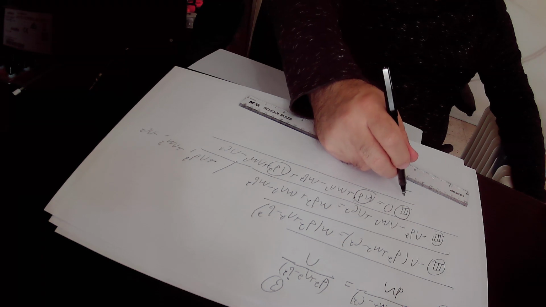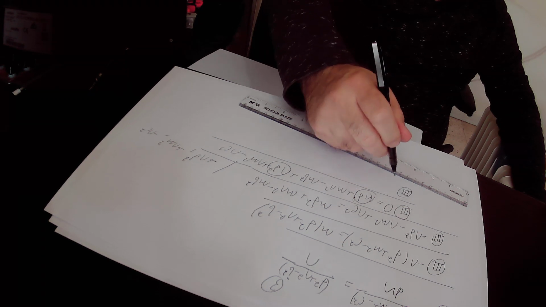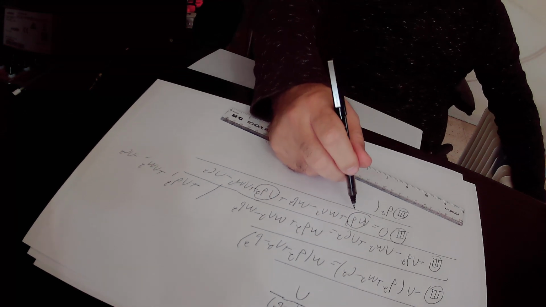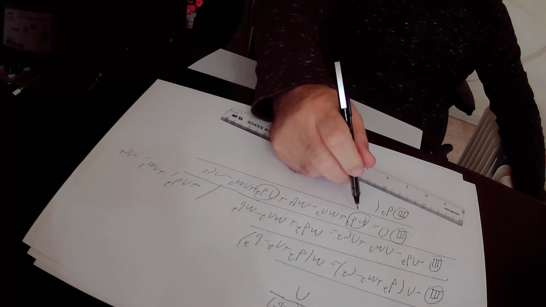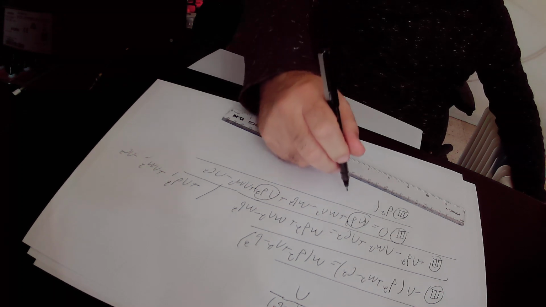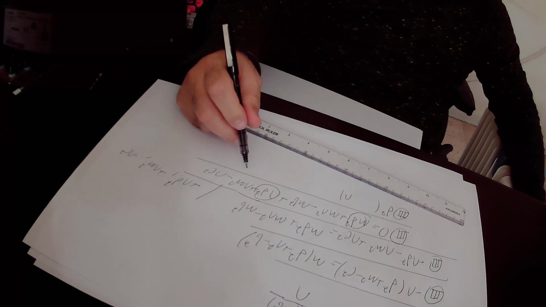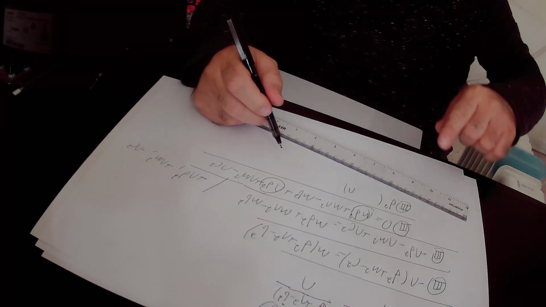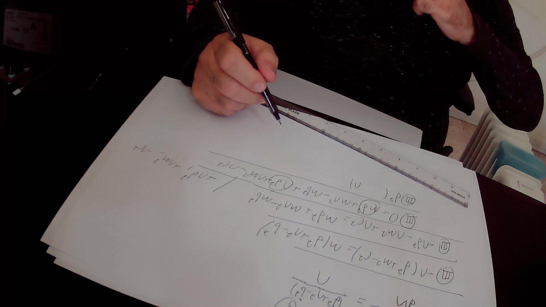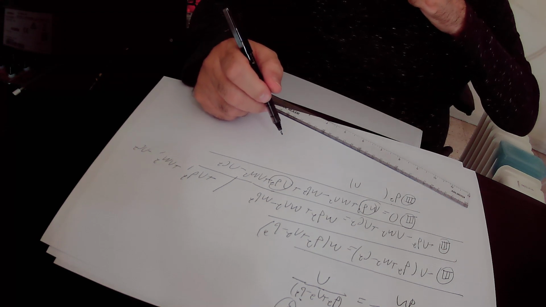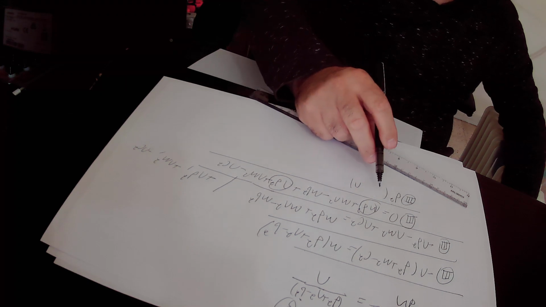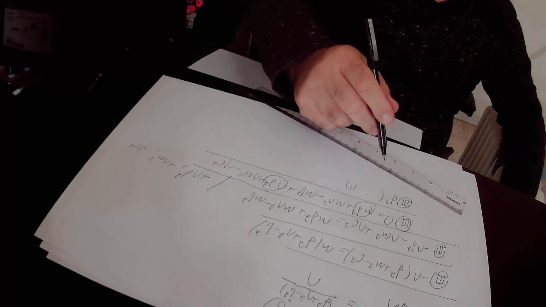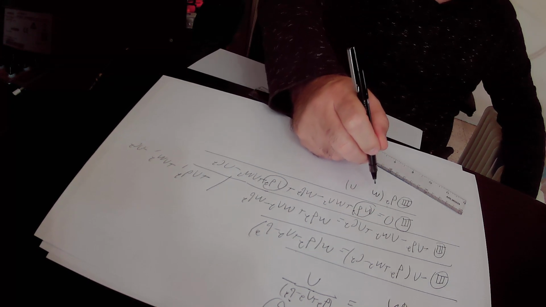So d squared was taken out as a common factor from m d squared, therefore inside the brackets we left only with m.